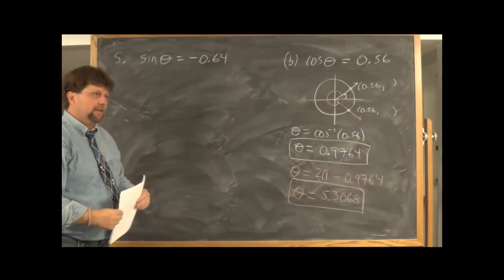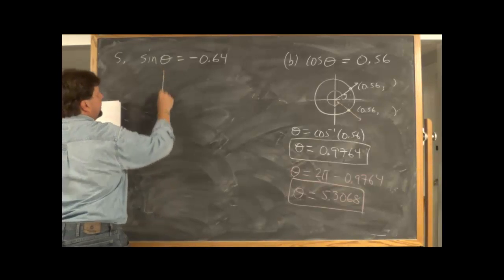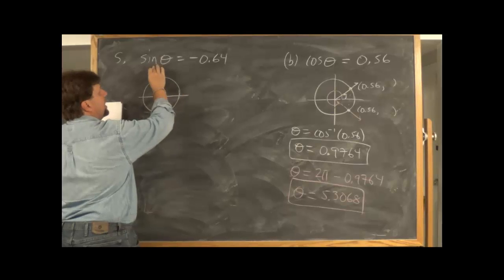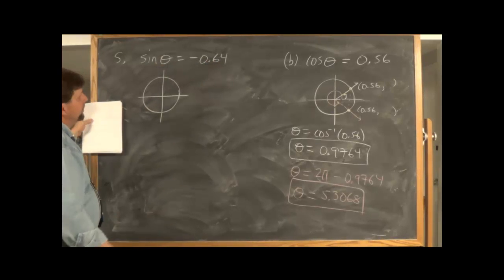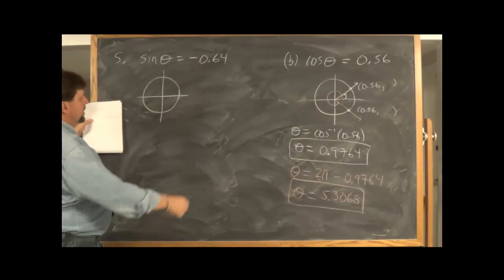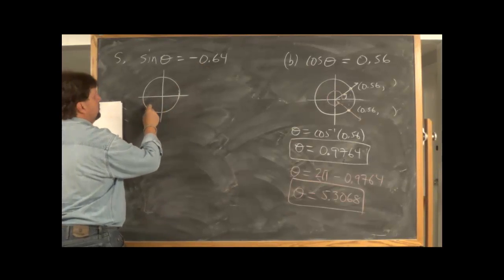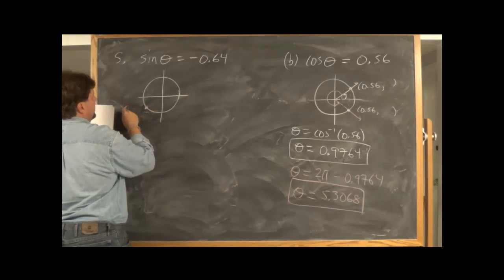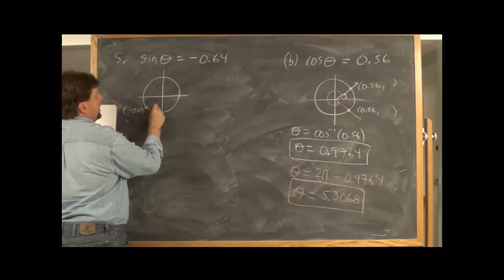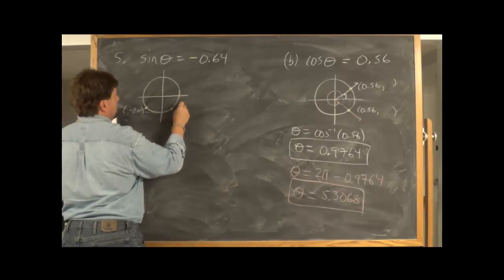Yes, it's going to come back to the unit circle again. So let's look at a quick unit circle. Sine, that's a y-coordinate. Where on the unit circle will I find a negative y-coordinate? Well, I'll find a negative y-coordinate down here, negative 0.64, and over here.